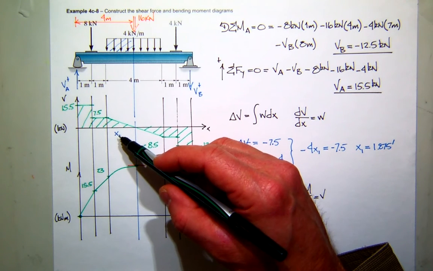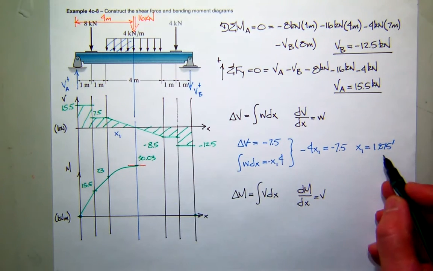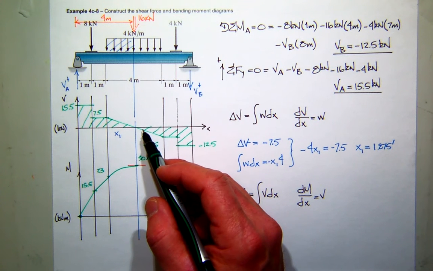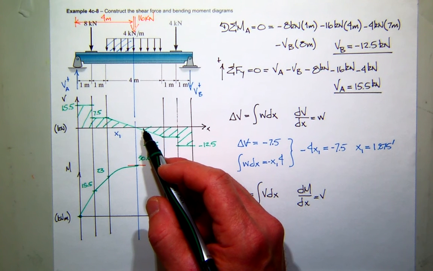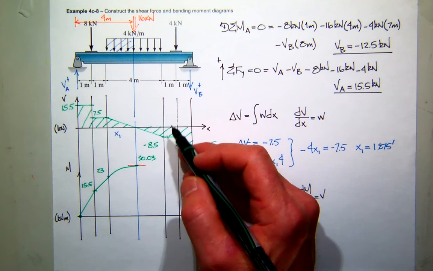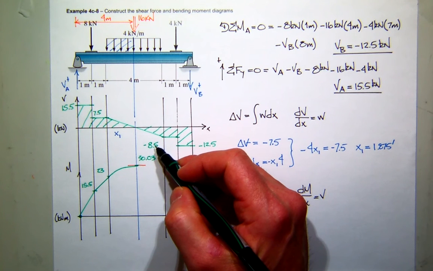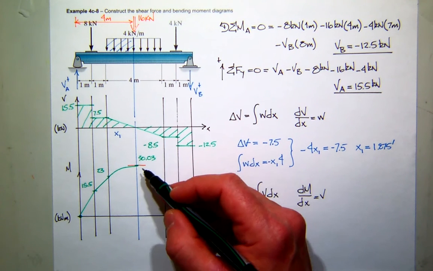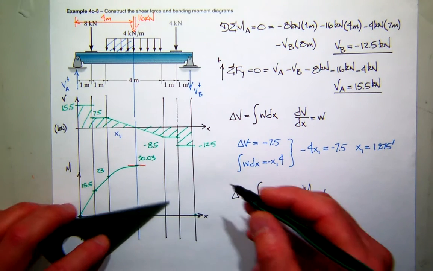Since we found x1 to be 1.875, this piece is going to be 4 minus that, or 2.125. So that times negative 8.5 divided by 2 is 9.03. Perfect. So we subtract that from this, we get 21.